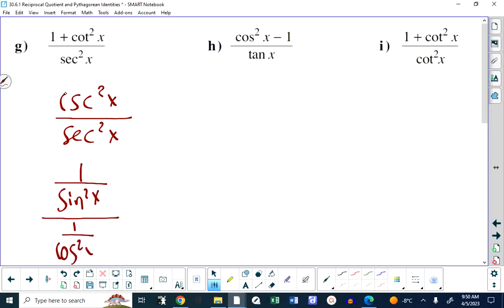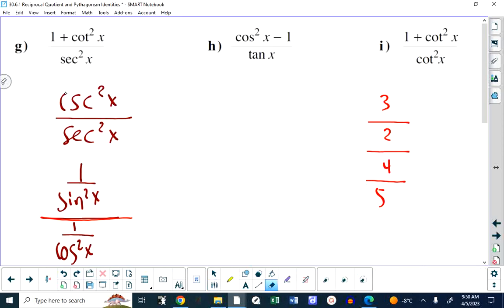I want to make one more point about how I wrote this, and I'm even going to exaggerate it more. The point I want to make is this line is longer. I don't ever want to write a complex fraction like that, where all of the lines are equal, because I don't know what it is that means exactly.